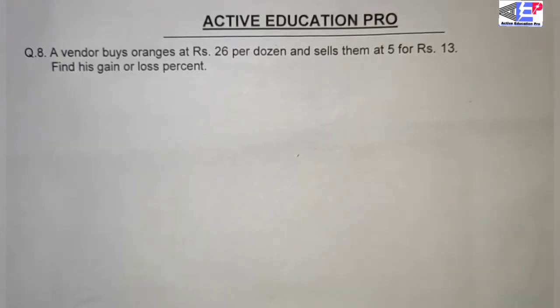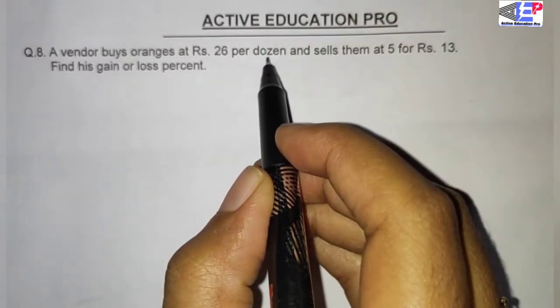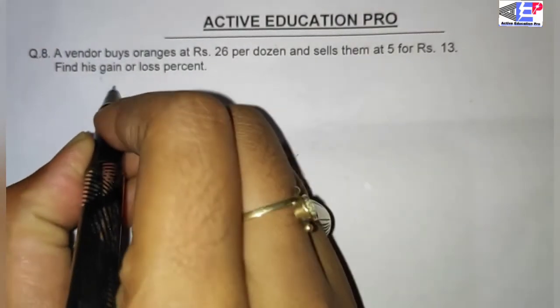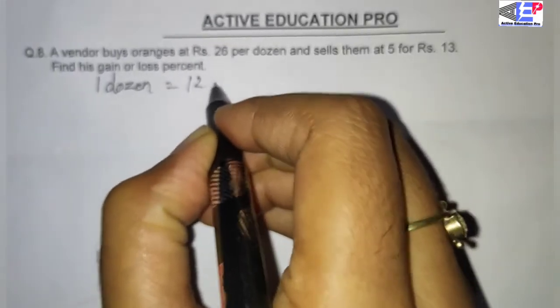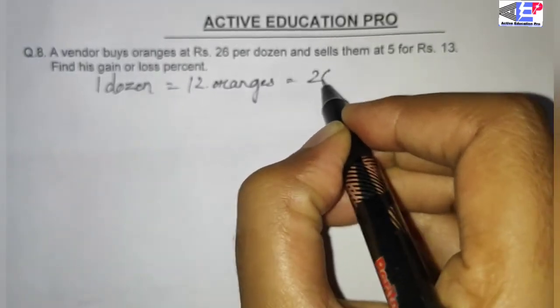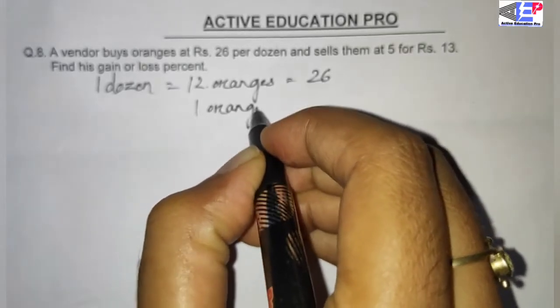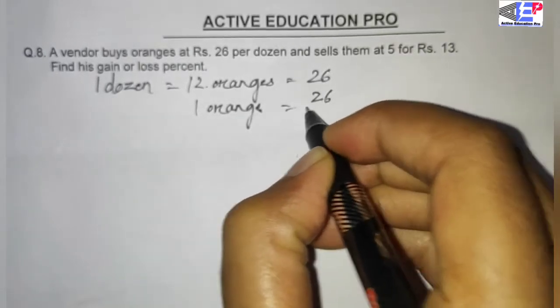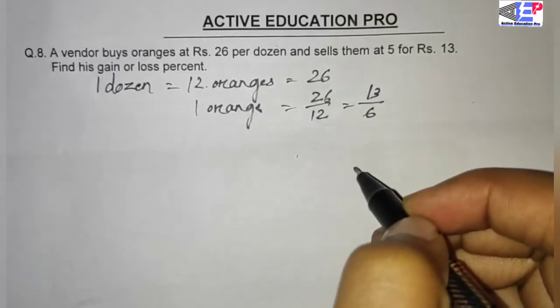In this type of question, first you have to calculate per one, using the unitary method. The cost price of 1 dozen oranges, meaning 12 oranges, is rupees 26. So the cost price of 1 orange will be 26 by 12, which is equal to 13 by 6 rupees.